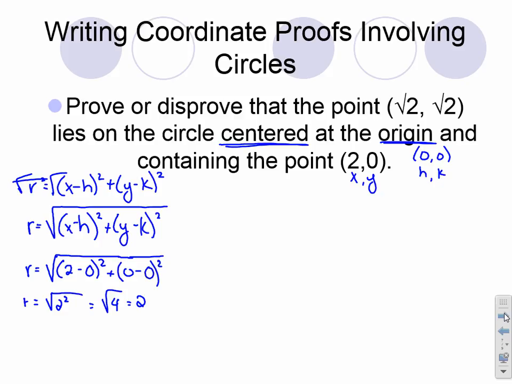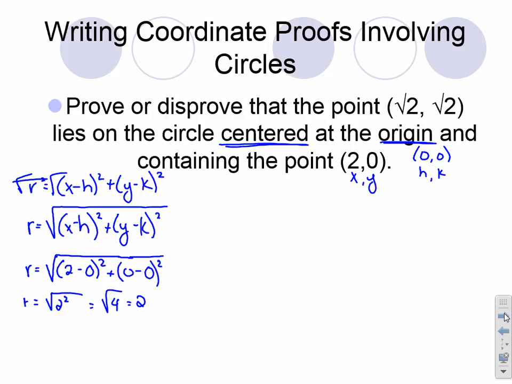Okay, so now what you're looking at here is this. So basically what it's saying is a point lies on the circle if and only if the distance from that point to the origin is radical 2.